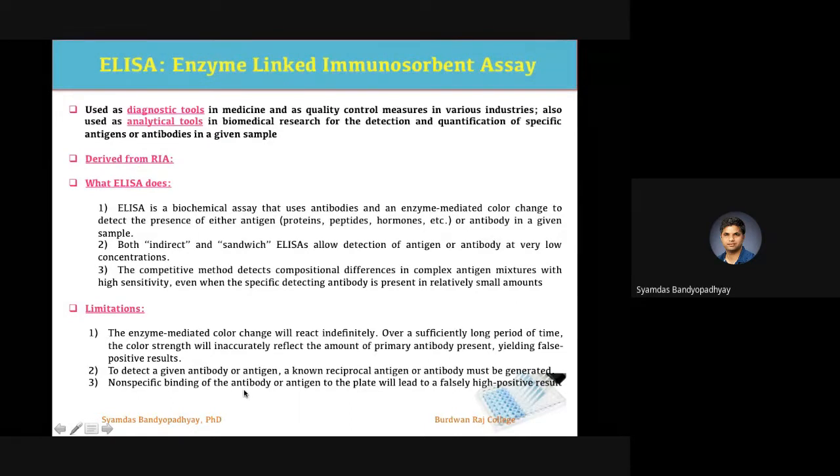If it binds non-specifically to the wall of the wells, then you'll get more intensity of the color, but that doesn't reflect the actual concentration of the antigen present in the sample. So this is called a false positive result. That is another problem with ELISA. So we always have some measures to avoid that. You can perform more washing, and that will help you remove the non-specific interaction of the antibody.